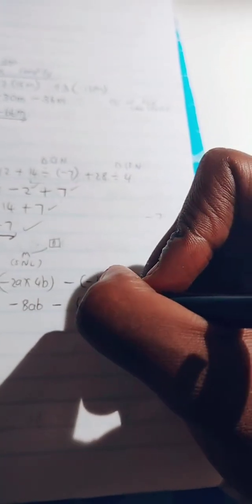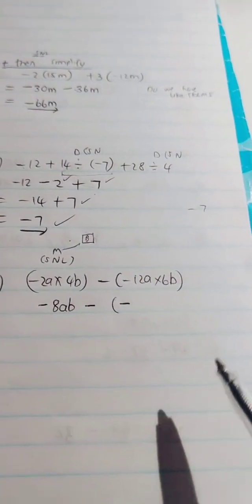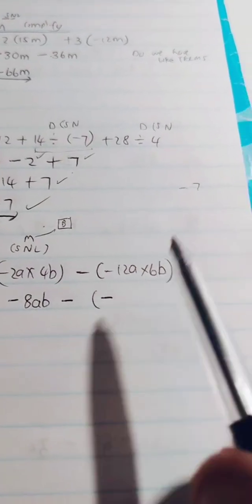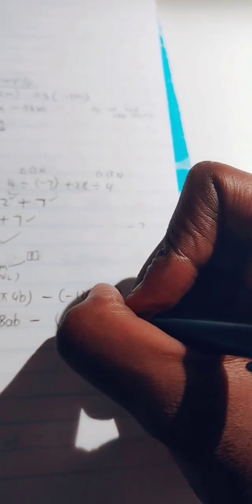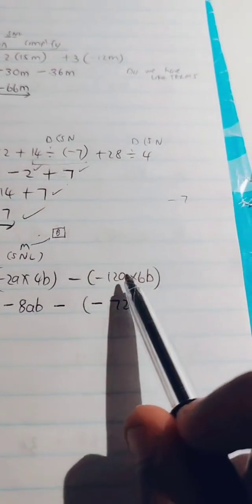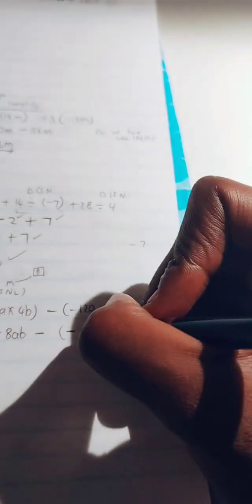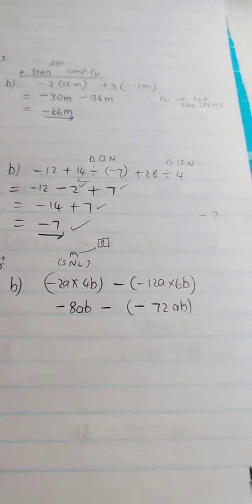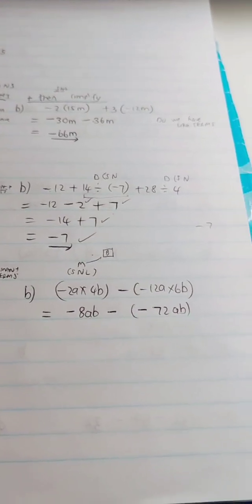So inside that bracket, we're going to have a negative. We move on to the number, 12 times 6. 12 times 6 is 72. Then we move on to the letter, A times B. We combine the letters to become AB. So that means brackets, done, finished.